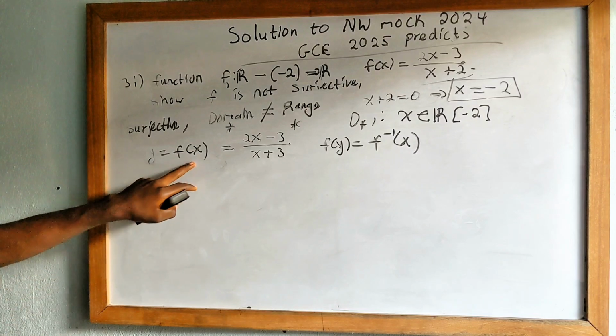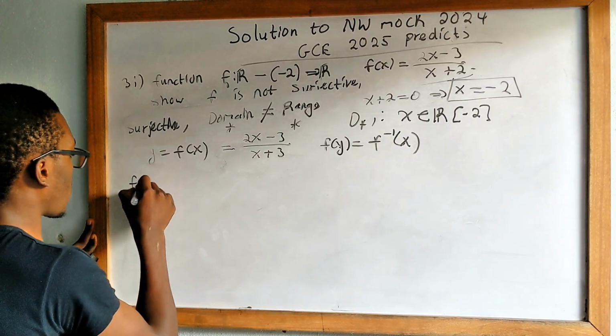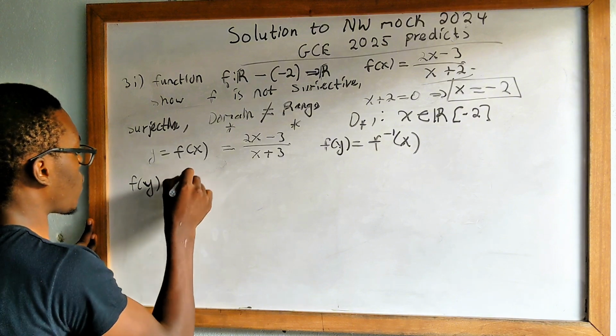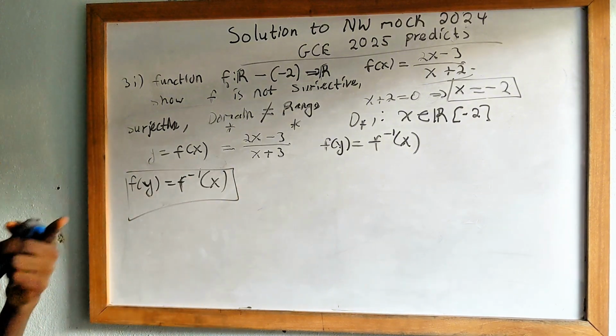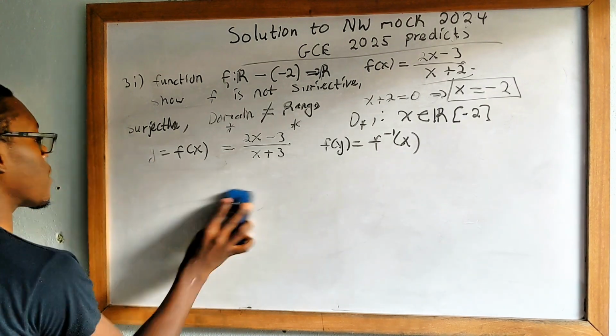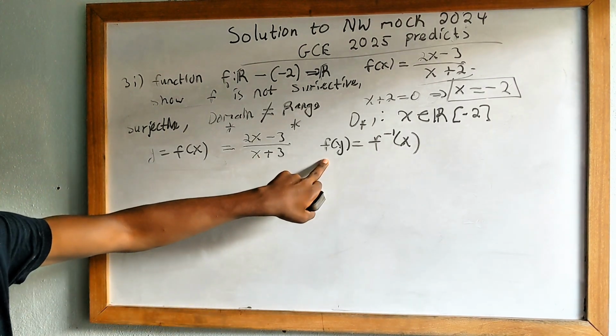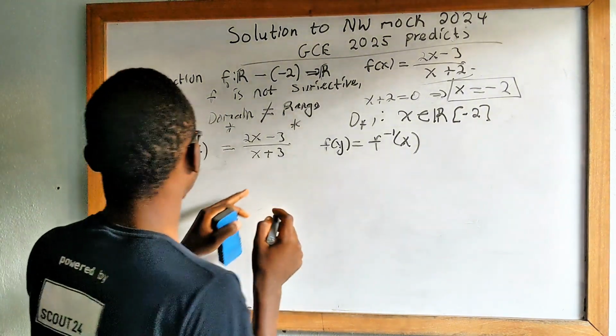Okay, f of x is equal to y. Therefore f of y is equal to f inverse of x. Do you see how it looks? Then what's our main objective here? We have to find f of y. That's quite easy. Let's do it together.